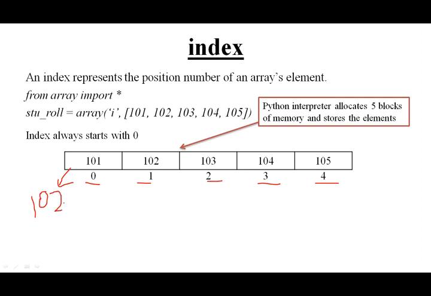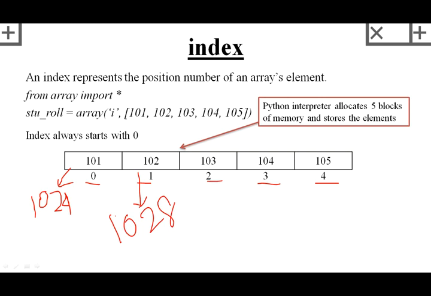What will be the memory location of the next one? Can you guess? It will be 1028. If it is 4 bytes of memory space, this means it's a continuous memory location. In this way, here it will be 1032, and it will go on.